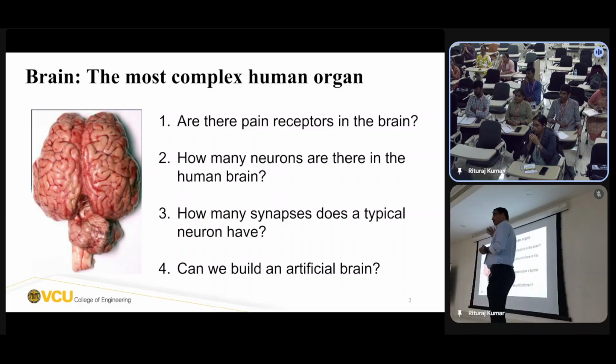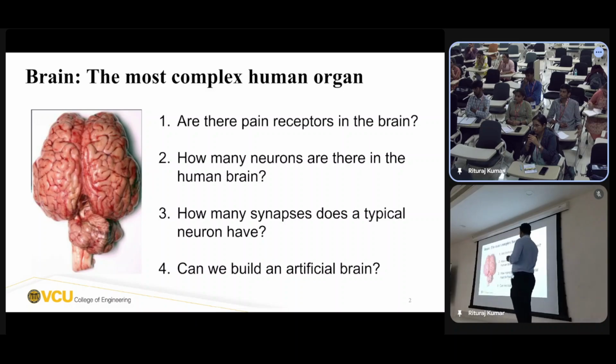But of course, they anesthetize the patient when they drill through the skull, because the skull and skin have pain receptors. But once this is done, the brain itself doesn't have pain receptors.